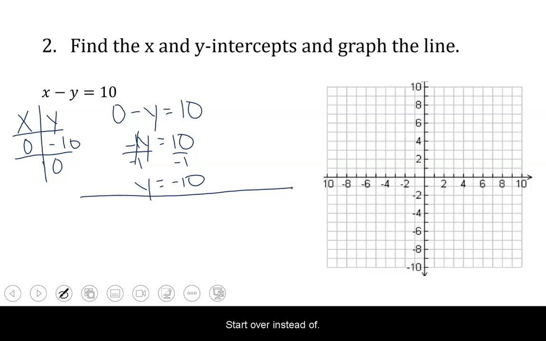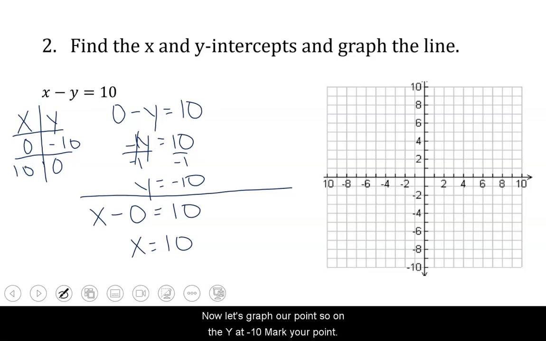Start over. Instead of x as the 0, now we're going to make the y the 0. To find x, x minus 0 equals 10, x equals 10. Now let's graph our points. So on the y at negative 10, mark your point.